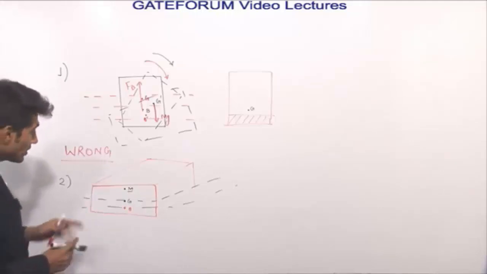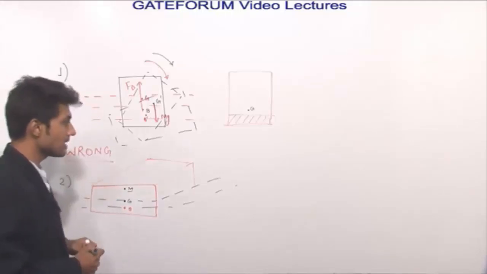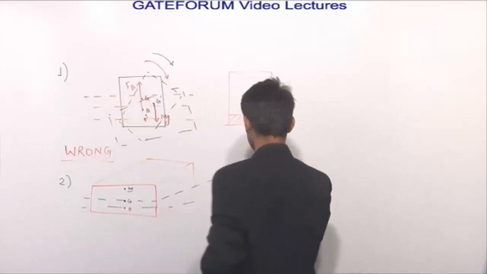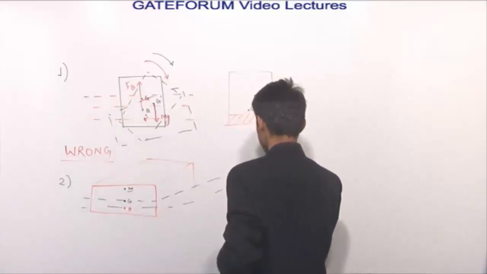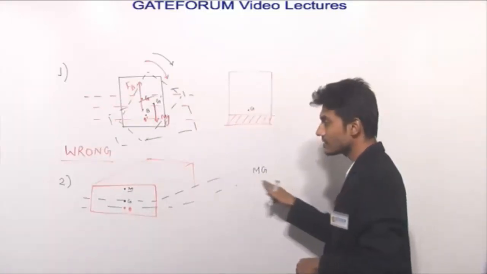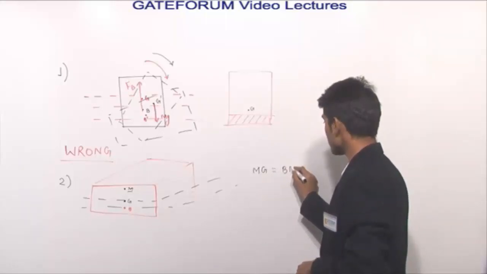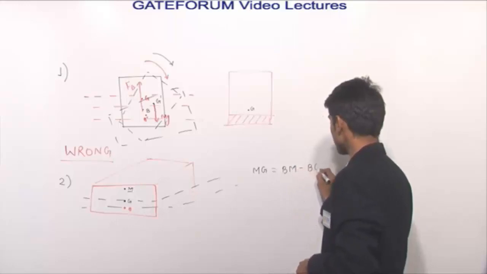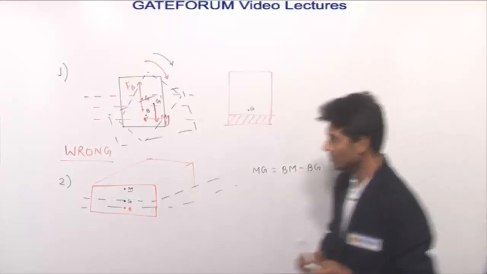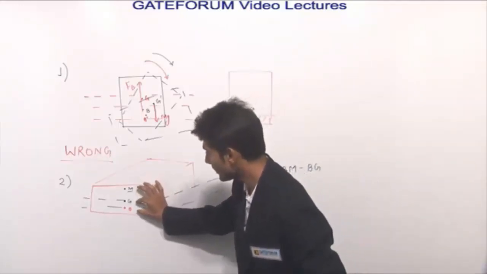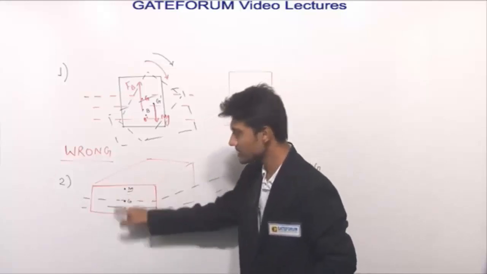Now on what parameters this metacenter depends is, we can calculate MG. It is called as metacentric height. MG is nothing but BM minus BG. We can calculate BM and then we can calculate BG. This part is very easy.